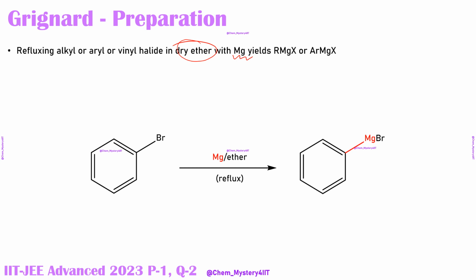We cannot afford any protic solvent like alcohol, because Grignard will attack it. Even aprotic solvents like acetone, DMSO, DMF will also be attacked by Grignard, so we cannot afford those reagents either. The most suitable solvent for Grignard reagents turns out to be ether.